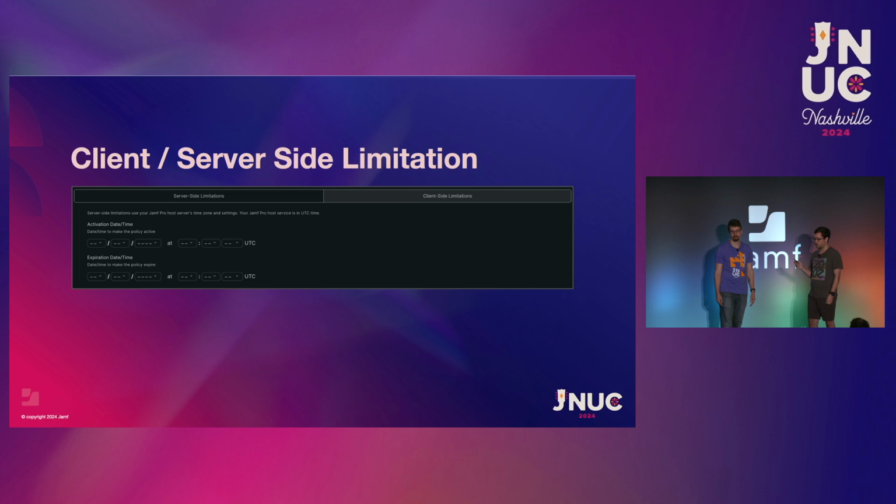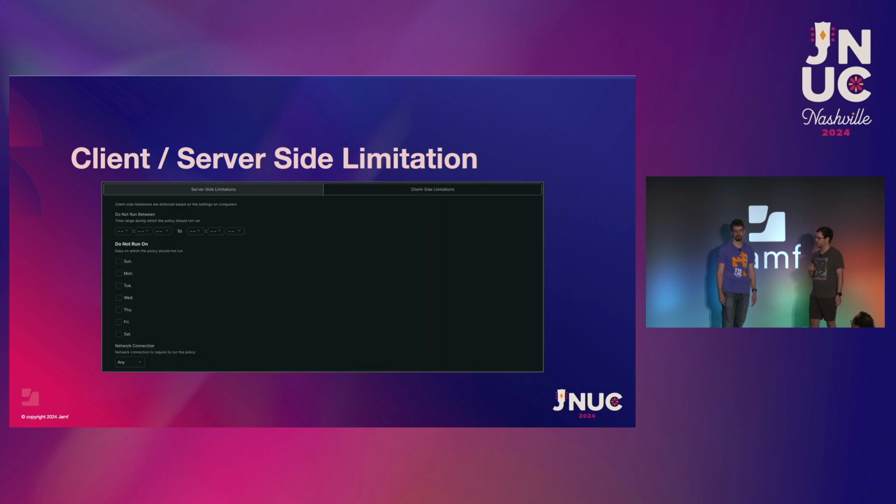And then we also have client-side limitations. And this is something that we actually do use. We're pretty strict about when patching policies are able to run in our environment. We personally use Installomator for a lot of our patching policies, but the behavior for Installomator, without making any changes to it, is pretty locked down in the sense that we don't want to notify anybody Monday through Thursday, as an example.